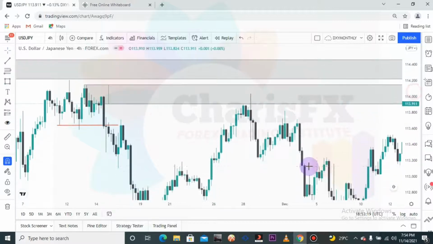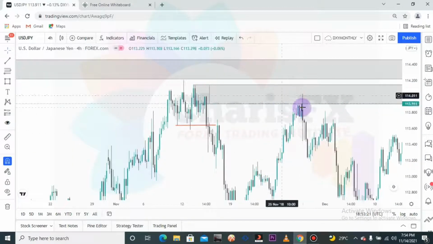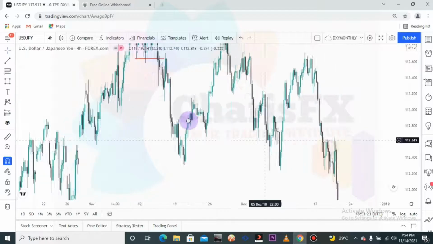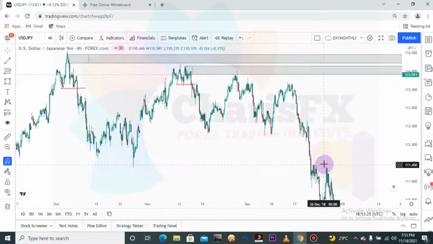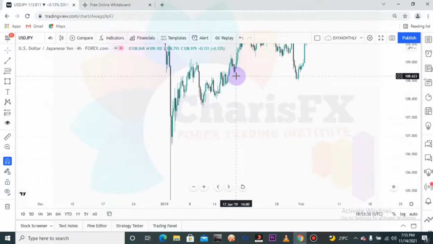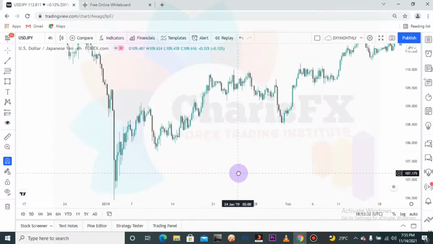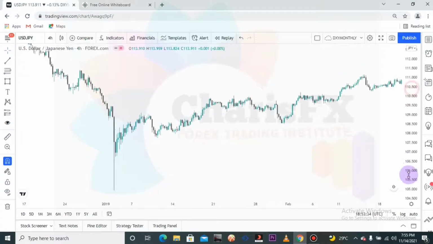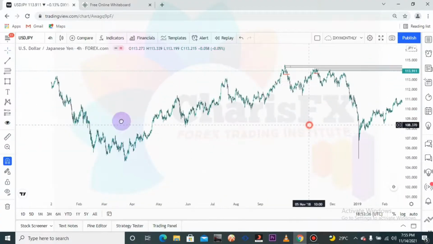So look at how price returned into that bearish order block, and price has been selling, guys, heavily and massively. Price has been selling. So you see how powerful an order block can be, right?